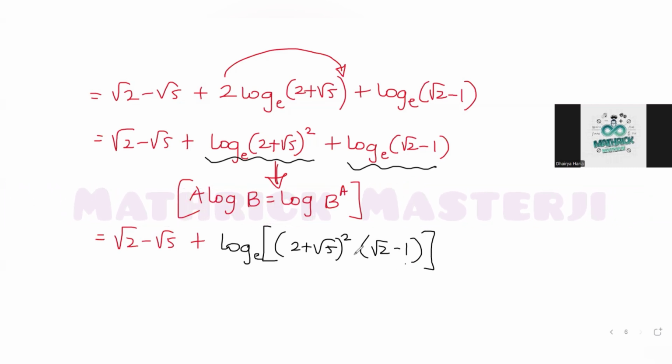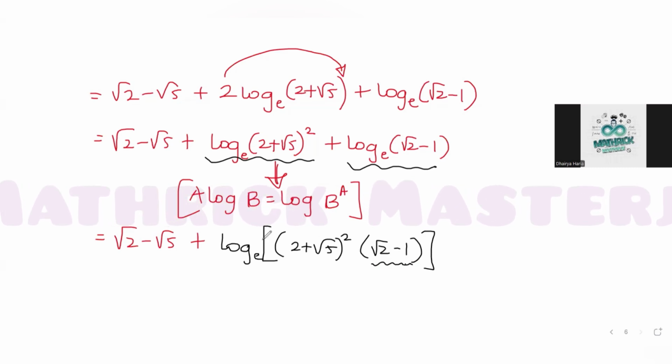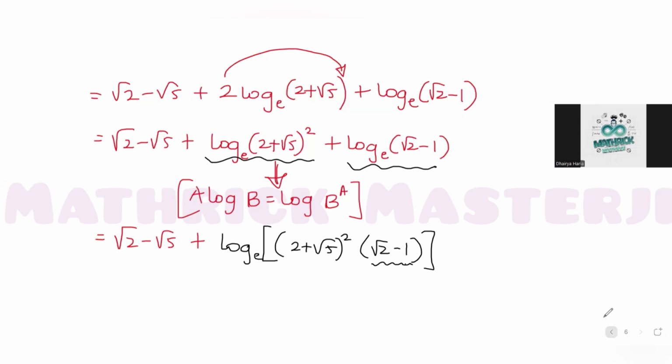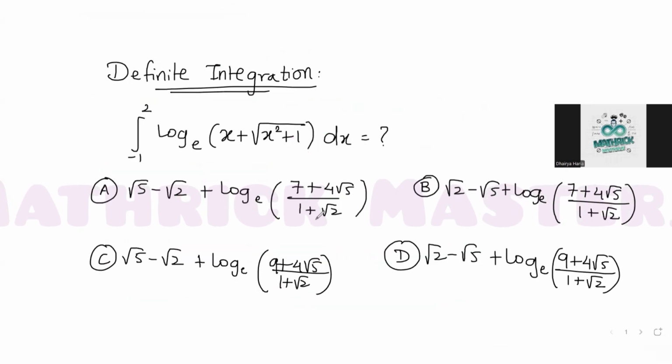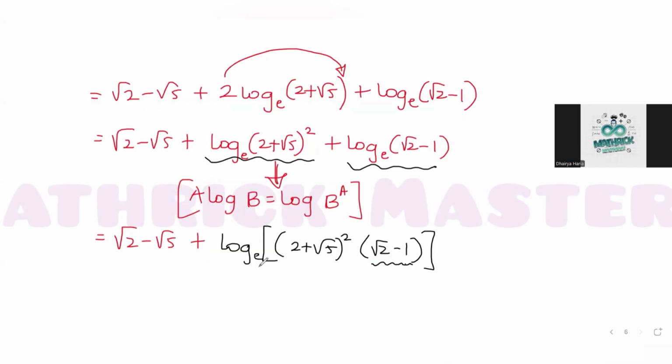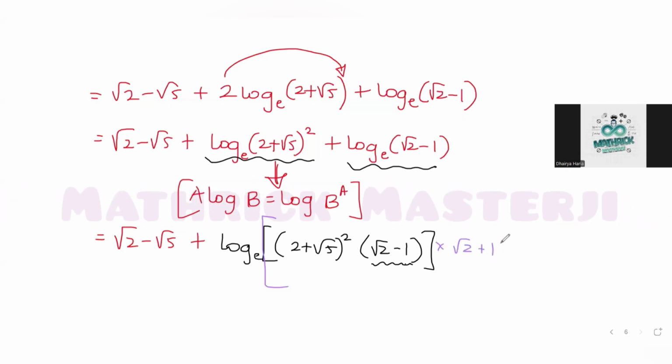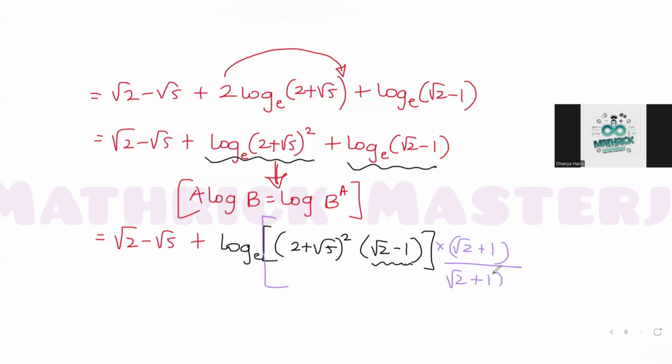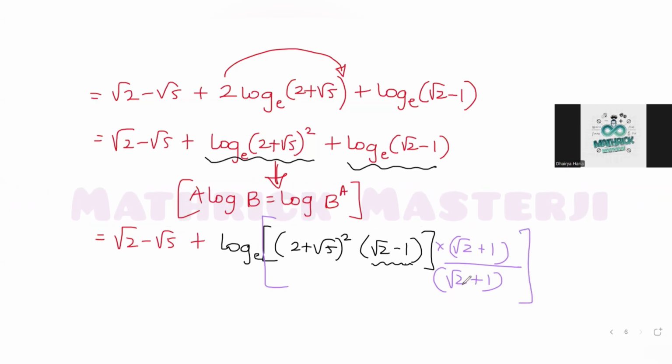Now once I have root 2 minus 1 here, I will just use the idea of rationalization here, because if you see in the question, the answer choices have root 2 plus 1 in the denominator. So to have the root 2 plus 1 in the denominator, I should be rationalizing this expression. So to rationalize this expression, I would be multiplying this inside only with root 2 plus 1. Because that should be there in the denominator according to the answer choices.